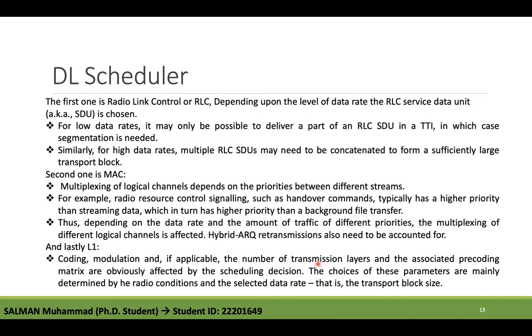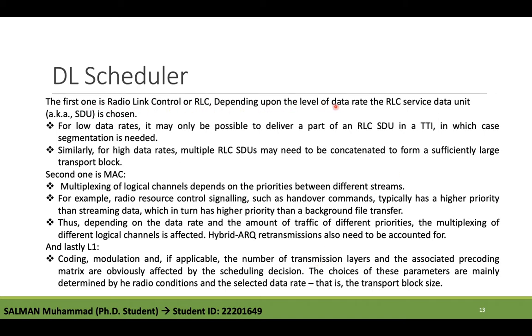The scheduler is in control of the instantaneous data rate used, and the RLC segmentation and MAC multiplexing will therefore be affected by the scheduling decision. Although formally part of the MAC layer, and to some extent viewed as a separate entity, the scheduling thus controls most of the functions in the eNode B associated with the downlink transmission. The first one is radio link control.